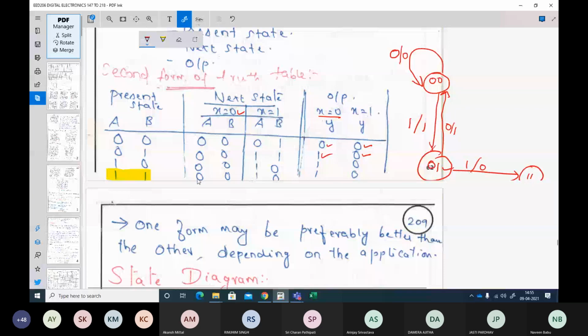So I move on to 0,0 when my input is 0, and at the same time my output is 1. And when my input is x equal to 1, I'm moving to a new state 1,0, and at the same time my output is 0. I look here and write. I hope you can fill it up. So this is how I draw a state diagram.